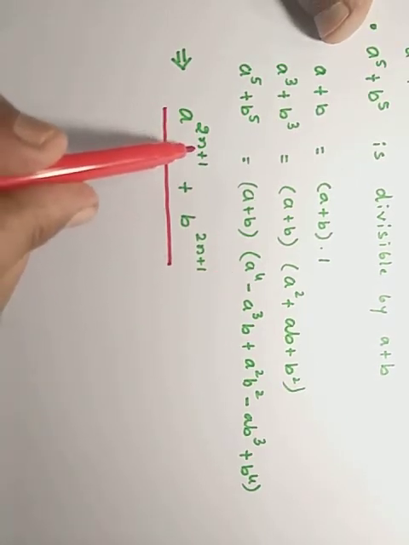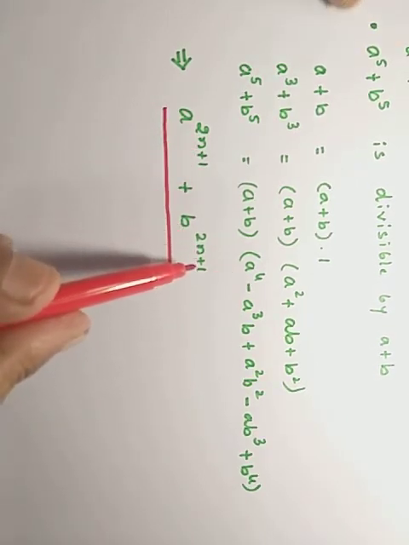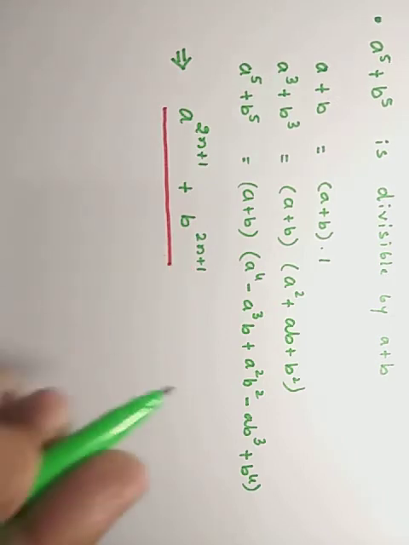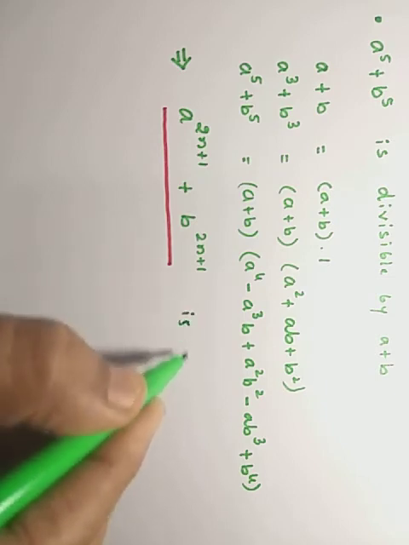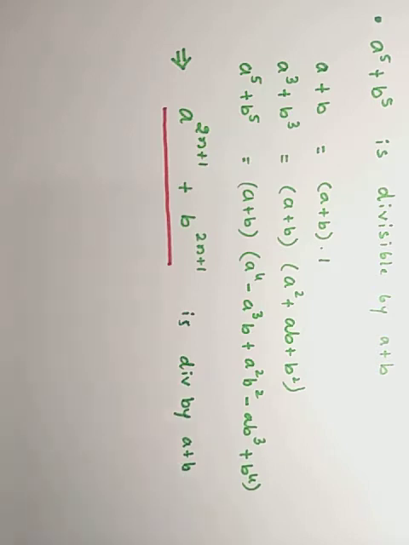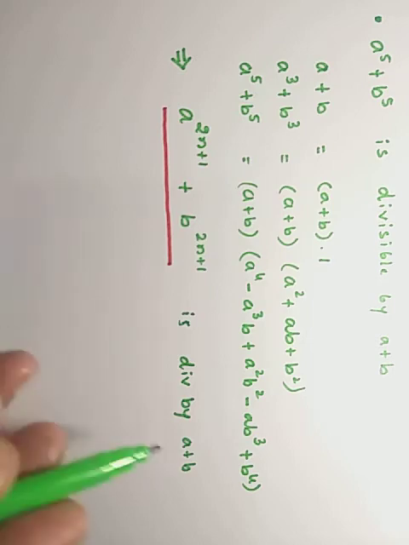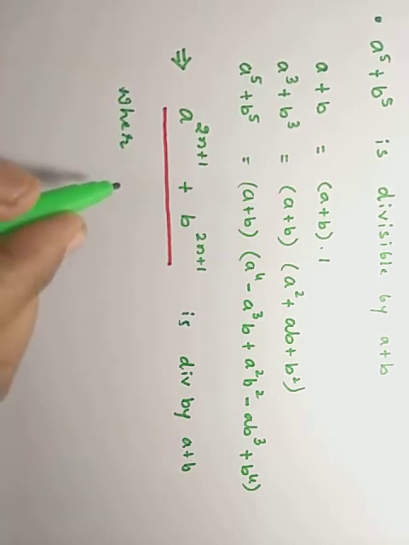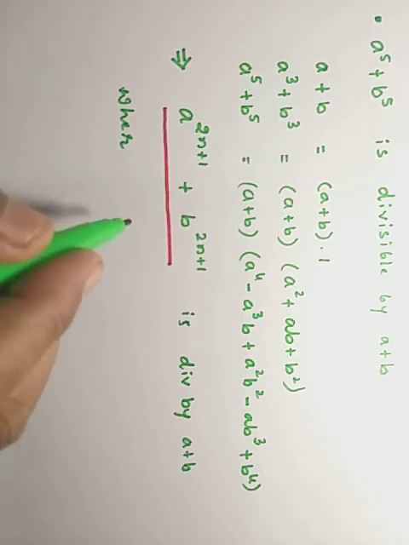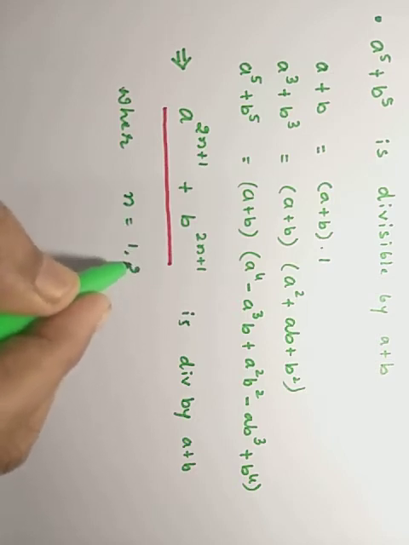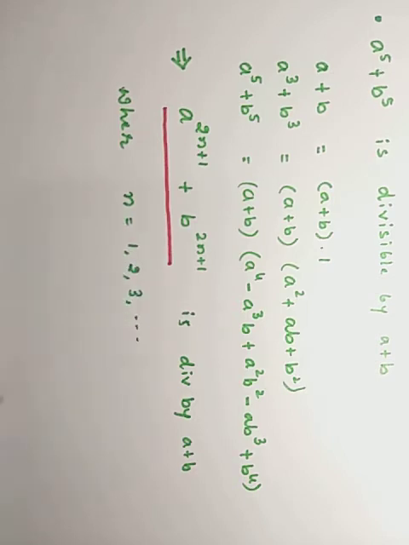A raised to 2n plus 1 plus B raised to 2n plus 1 is divisible by A plus B. That is the formula, where n is equal to 1, 2, 3 and so on.